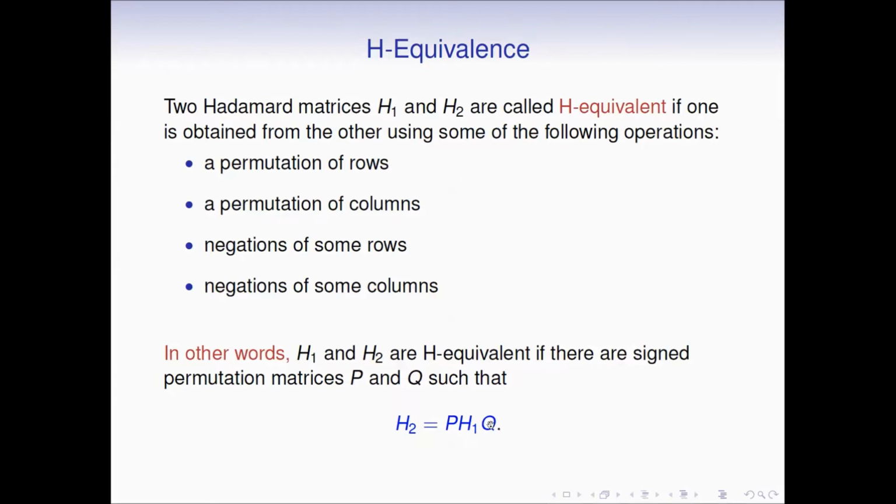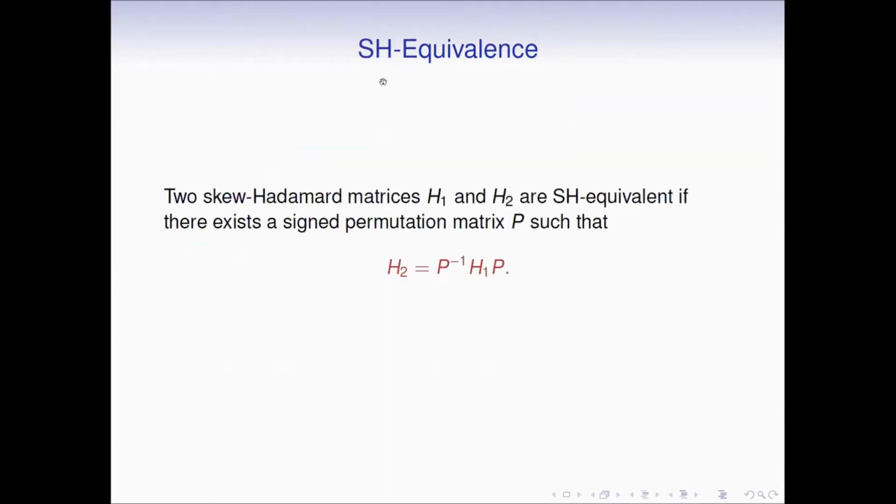You have Q is a signed permutation matrix. It means that you can permute the columns, you can negate columns, and also for rows P. We also need to define Skew-Hadamard equivalence here, SH equivalence.